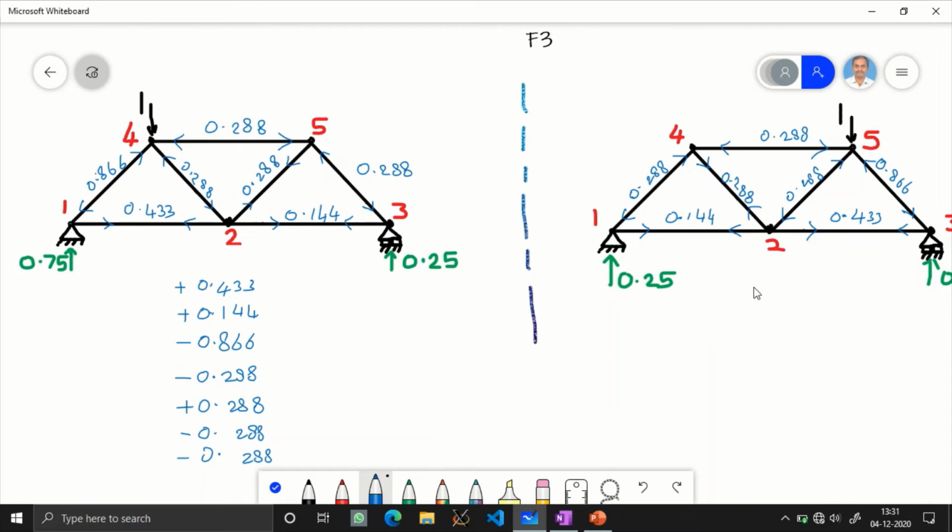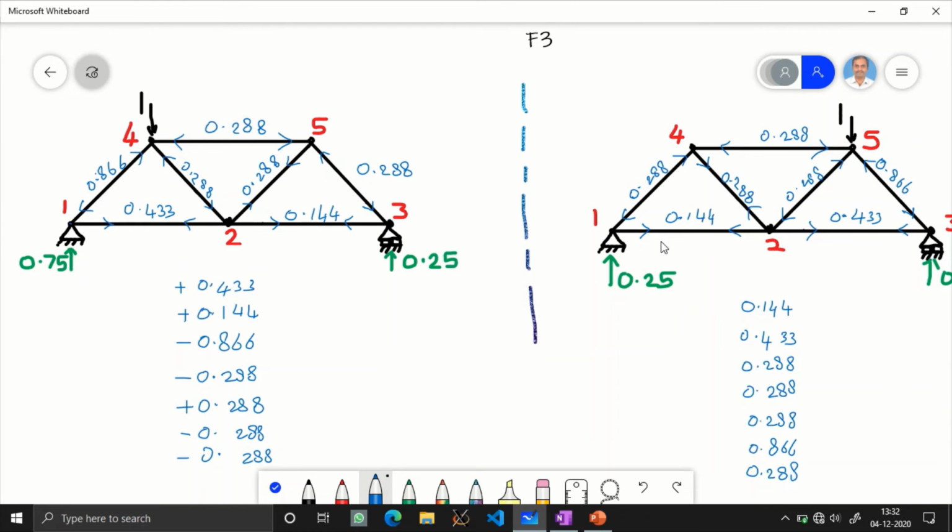And the second column of my B matrix will be: 0.144 is the P1 here, P2 is 0.433, P3 is 0.288, P4 0.288, P5 is 0.288, P6 is 0.866, and P7 is 0.288.